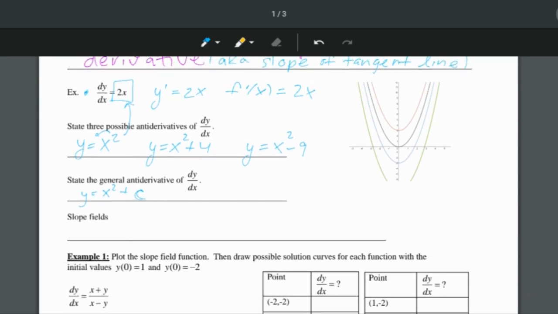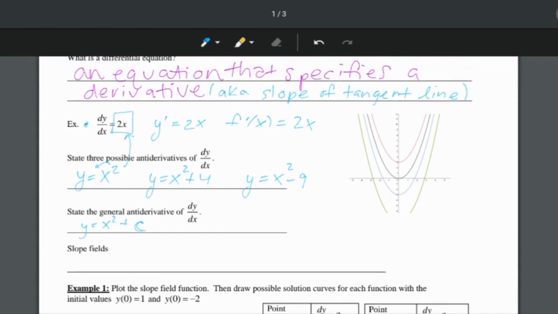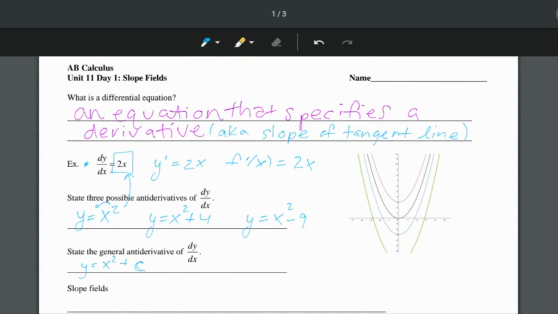All right, so next we have to talk about what a slope field is. I like to draw it first. So over here on the right, if you look, we have a bunch of parabolas. So we have a bunch of basically x squared graphs. And basically we have a lot of antiderivatives that we could have had.